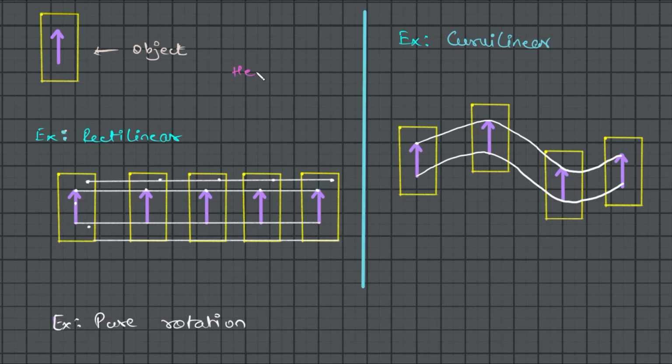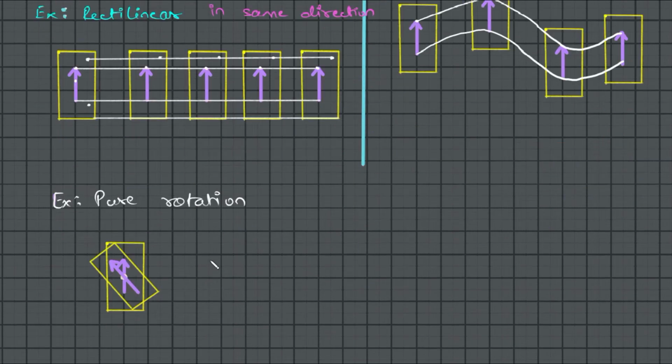Unlike pure rotation, where it keeps pointing in a different direction. But here, the center of mass stays at one place. So that's the main difference.